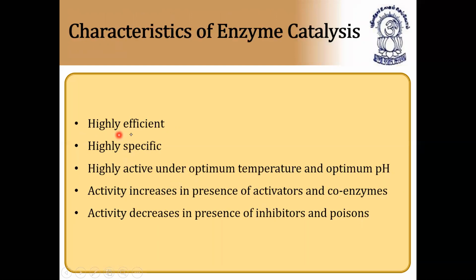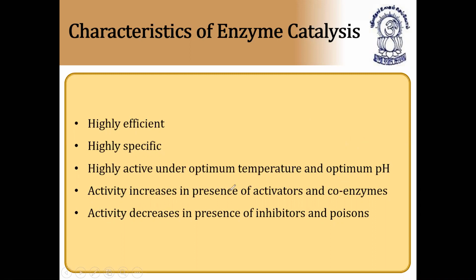So the reaction using enzyme as catalyst is highly efficient and highly specific in nature, and it is active under optimum temperature, that is room temperature, and optimum pH, that is slightly acidic, less than 7, in the range of 6 to 7. So that's why we call it optimum pH. It is neither strongly acidic nor basic.